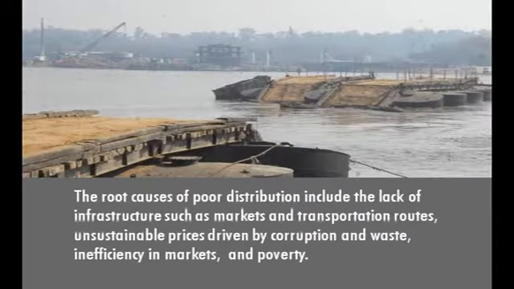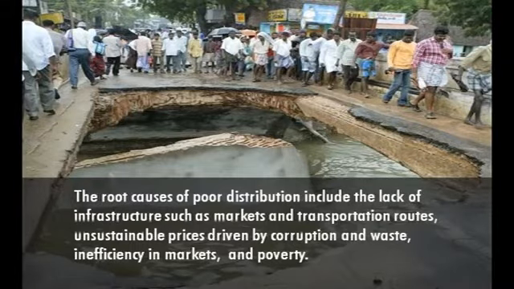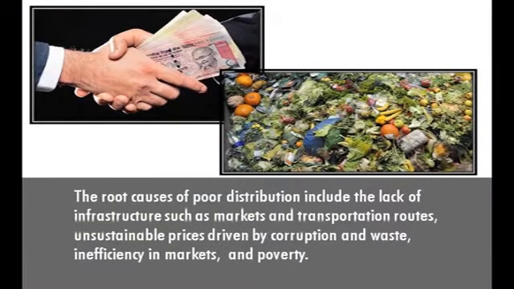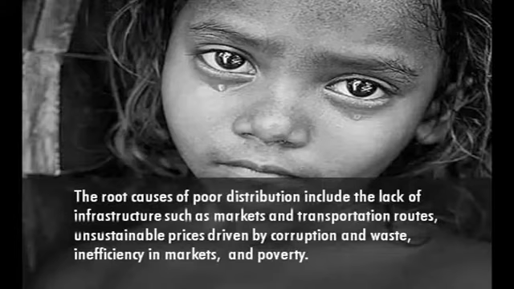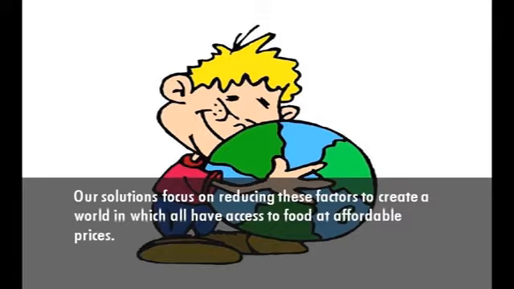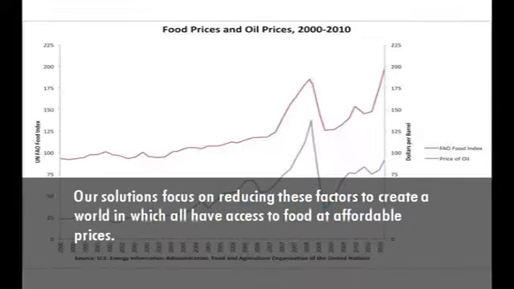The root causes of poor distribution include the lack of infrastructure such as markets and transportation routes, unsustainable prices driven by corruption and waste, inefficiency in markets, and poverty. Our solution focuses on reducing these factors to create a world in which all have access to food at affordable prices.